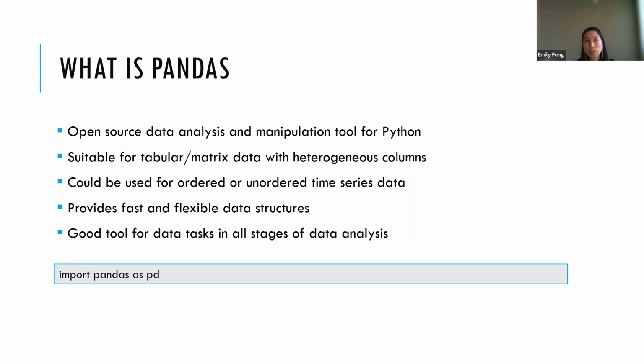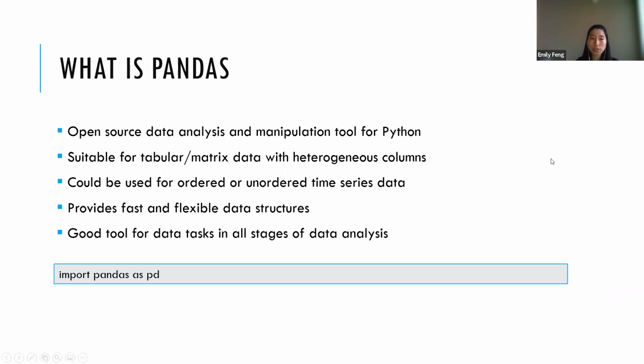So here you don't need your whole data frame to be of the same data type. Usually one column is of the same data type, but even then it doesn't need to be. And it could be used for ordered or unordered time series data, and it also provides very fast and flexible data structures that I will talk about shortly.